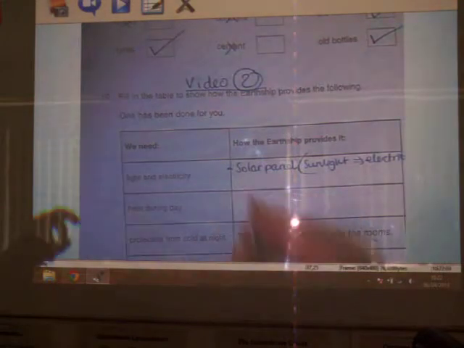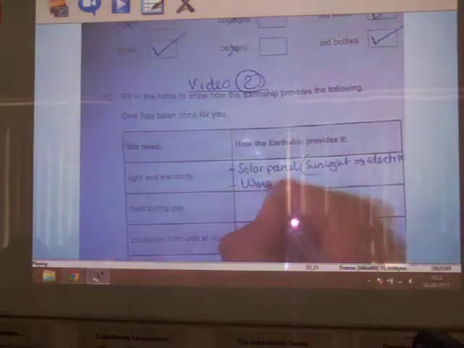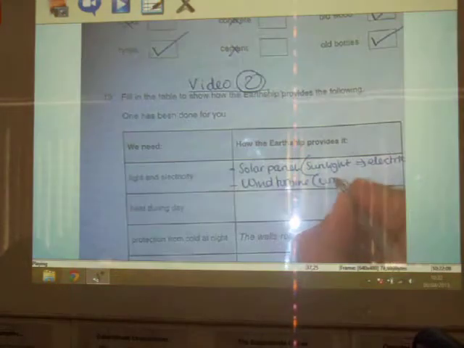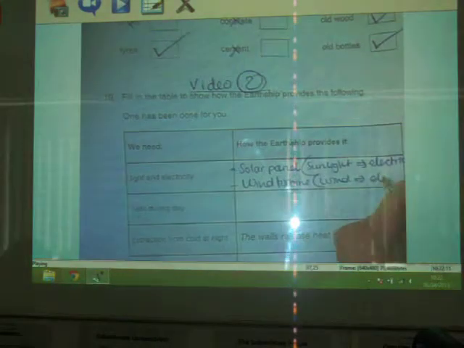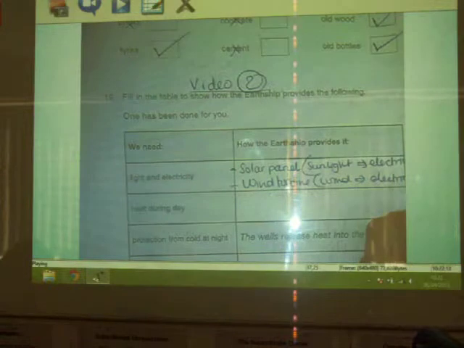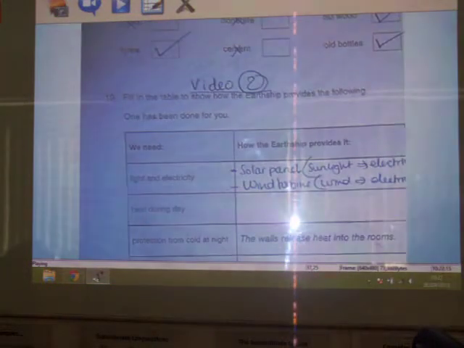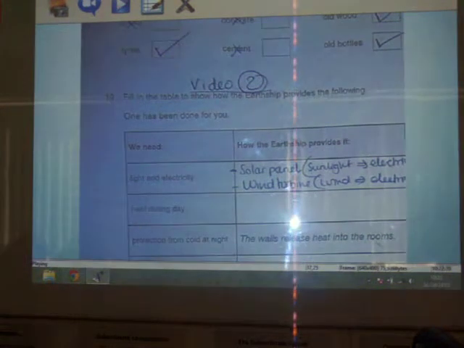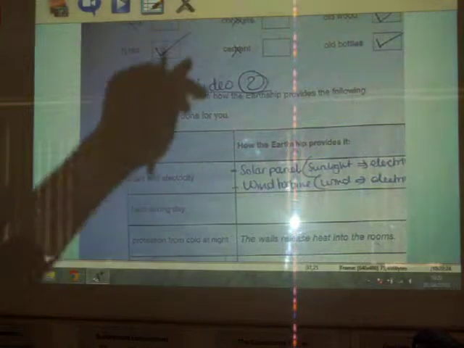What else are we using for the electricity? What other thing? Wind turbine. So the wind turbine changes the wind into electricity. Okay, so the heat during the day, where is the heat during the day coming from? Are they burning something, like gas, or electricity?